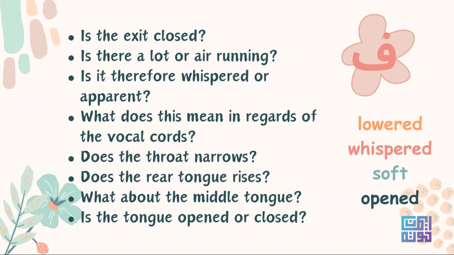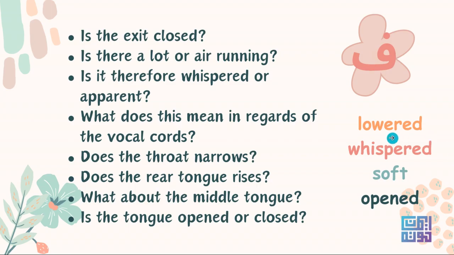So the letter fa is not elevated. It's a lowered letter. And is the tongue opened or closed? Closed like itbaq in the four letters of itbaq: sad, dad, ta, dha. So is it closed? No, it's opened, because the tongue does not rise and close against the upper jaw.